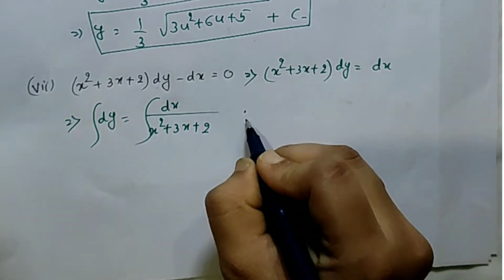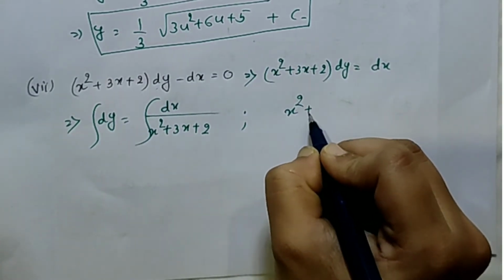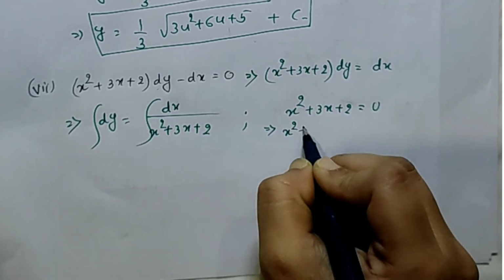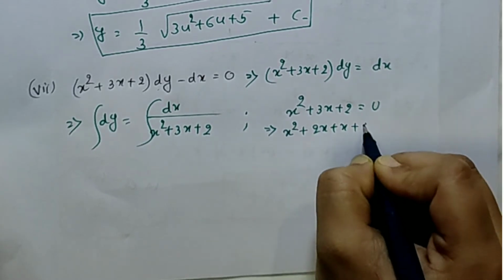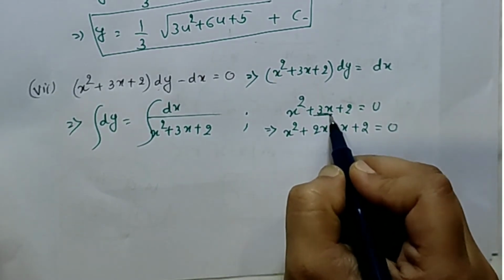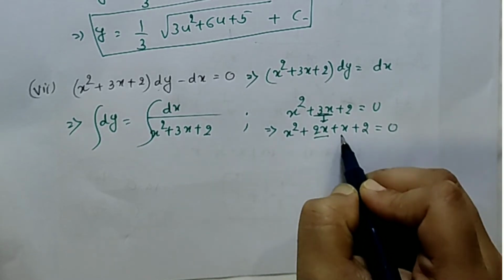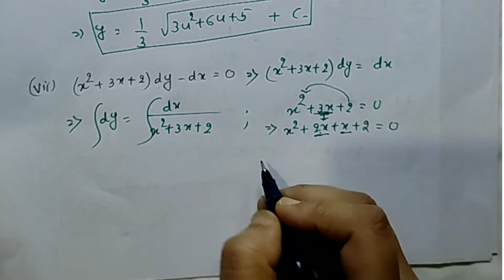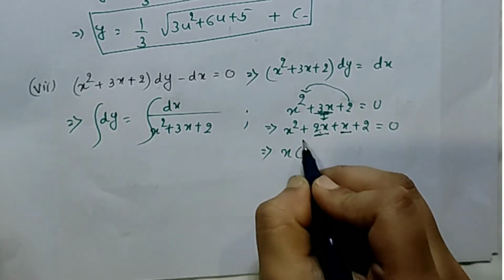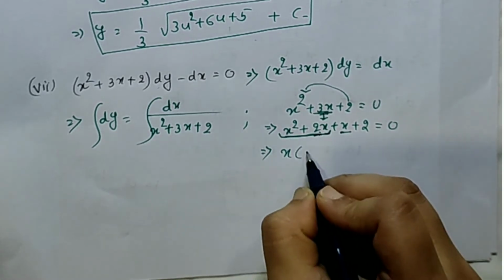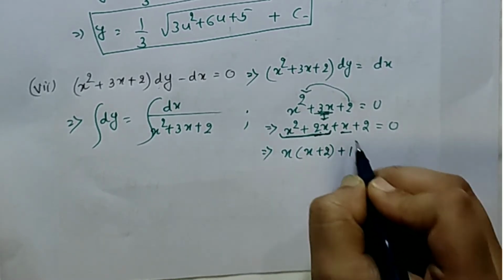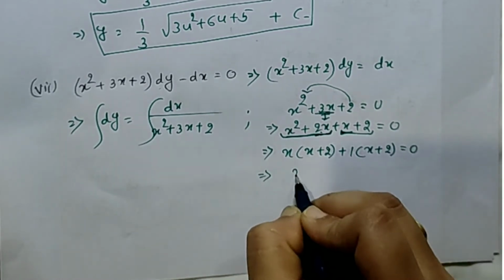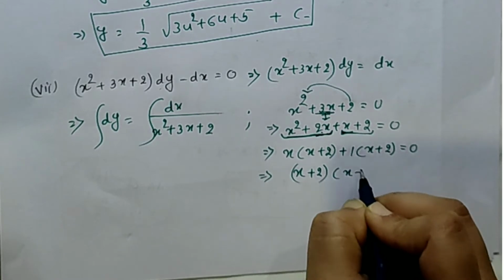Partial fraction means we have to find the factors. x² + 3x + 2 = 0 implies x² + 2x + x + 2 = 0. The 3x is split into 2x and x, so that their sum is 3x and their product is 2x². Then x is common from the first two terms, giving x(x + 2), and 1 from the last two terms, giving 1(x + 2) = 0, which implies (x + 2)(x + 1) = 0.